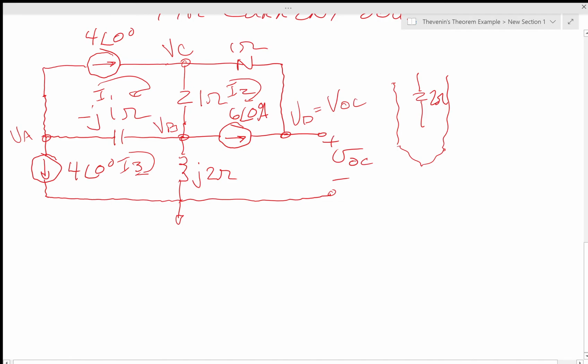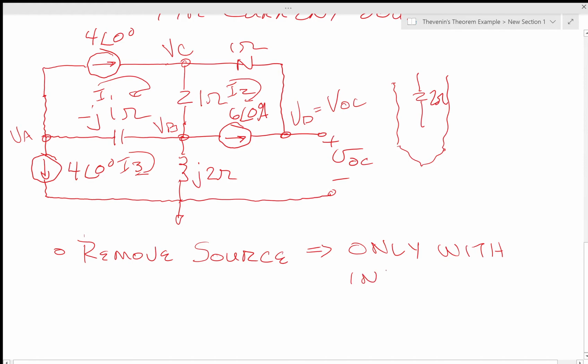And basically superposition is you remove all the sources. Now, the caveat is this works only with independent sources.